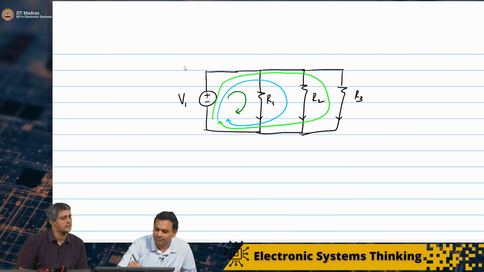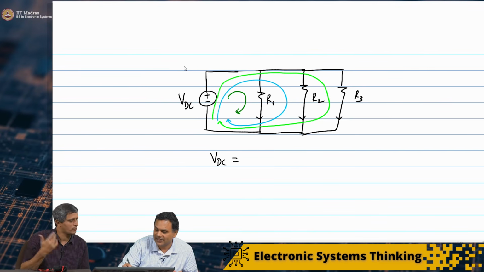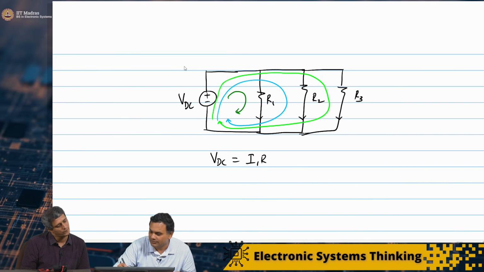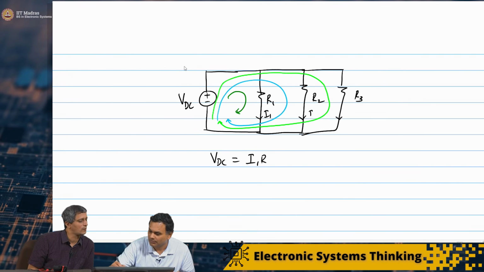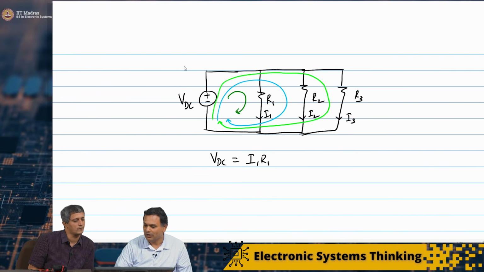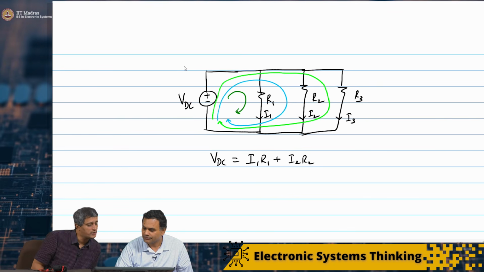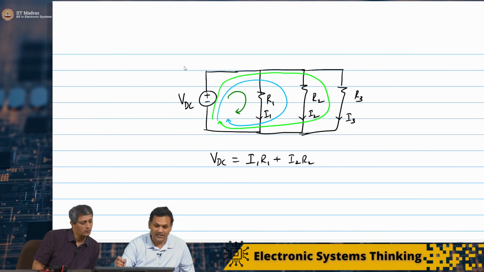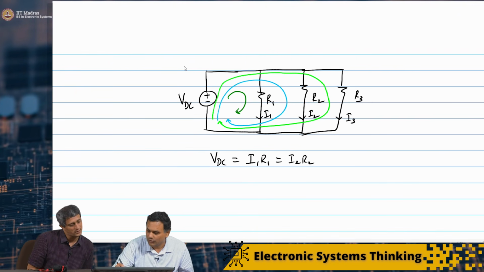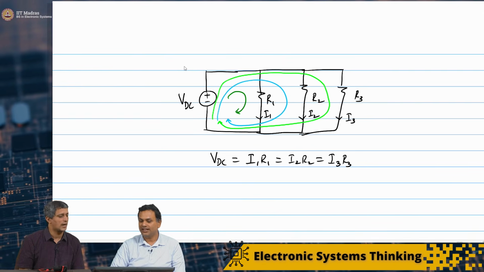And hence 1 by R equivalent will be 1 by R1 plus 1 by R2 plus 1 by R3. If you combine these 3 equations, you will basically get this. Imagine that this is I1, I2 and I3. You will get VDC equal to I1 R1 equal to I2 R2 equal to I3 R3, because they are all in parallel.